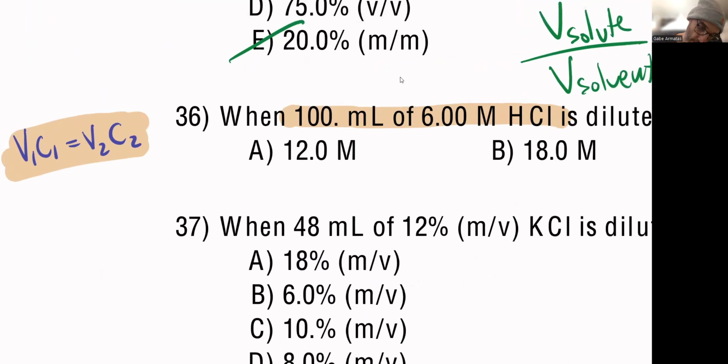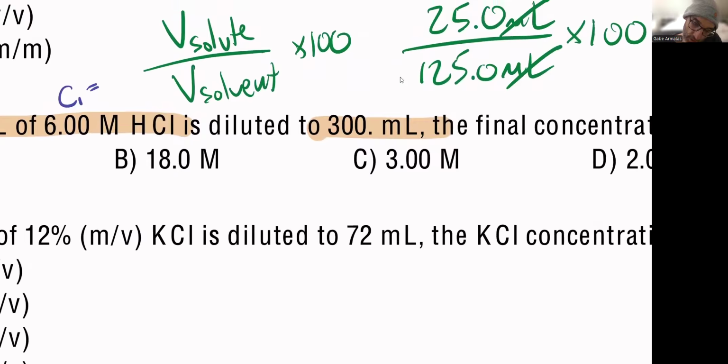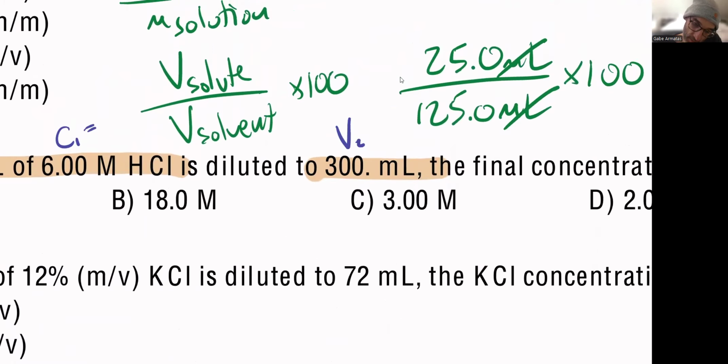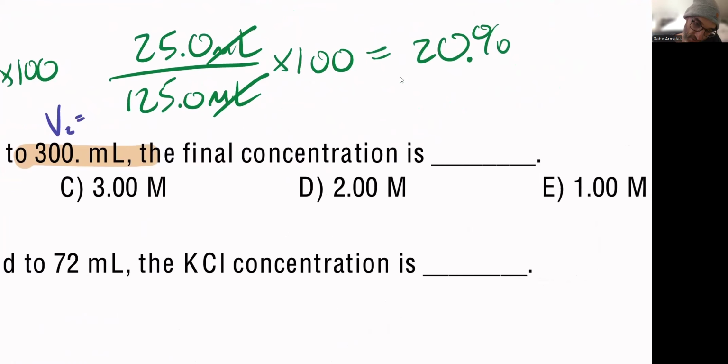So when 100 milliliters, which is my volume 1, at 6 molar, that's my first concentration, not my second. Concentration 1 is diluted to, this is the new volume. So we're going to call this volume 2, the final concentration. This right here is going to be my C2.